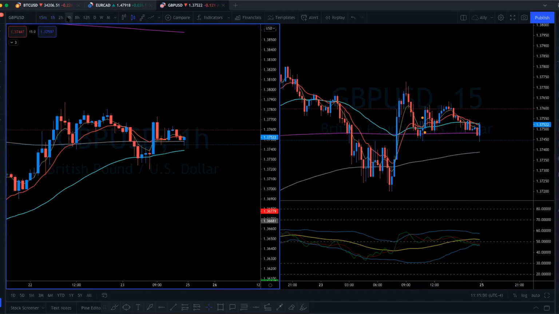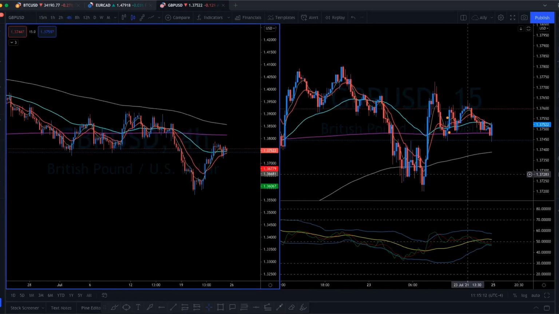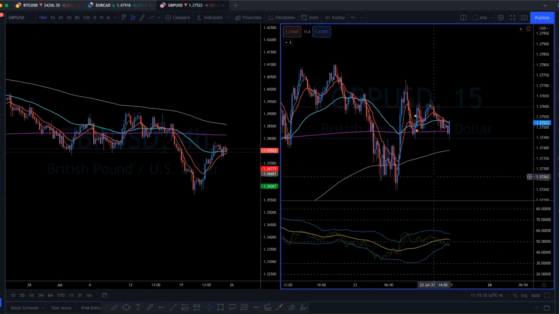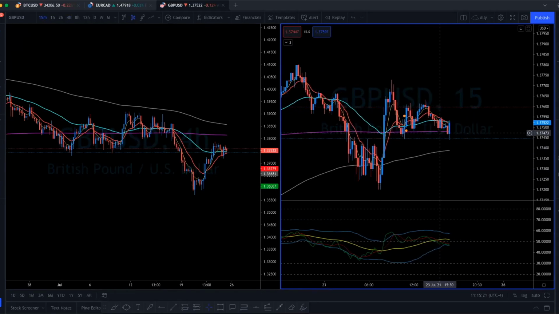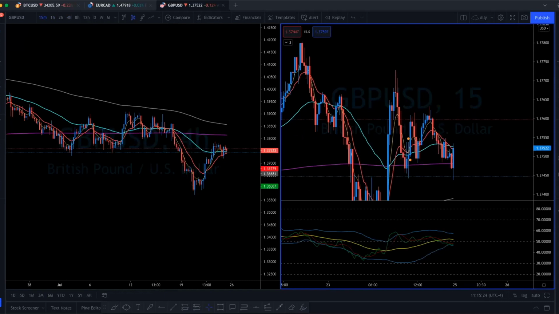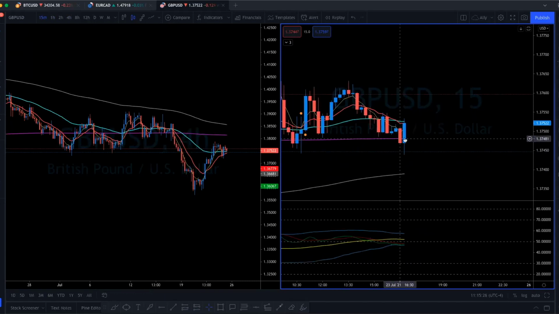So if you look at, let's say, a 4 hour chart, on a 15-minute chart here's the 800, right? That's literally touching the candle right here. So this 800 represents the 50 on a 4 hour chart.